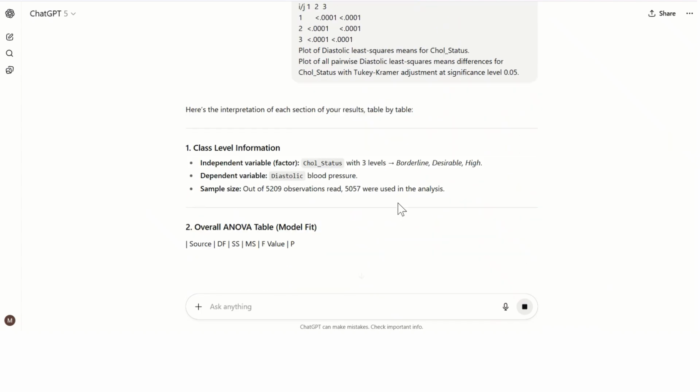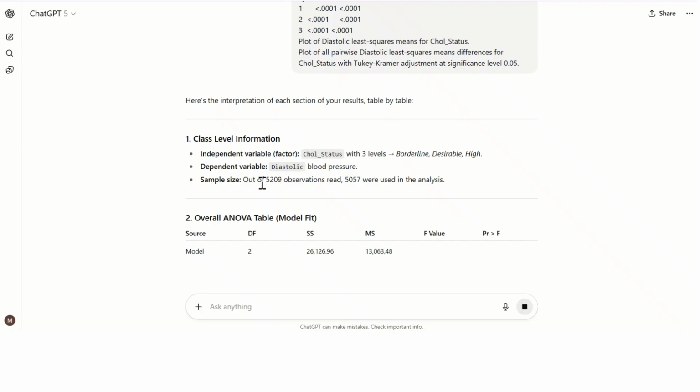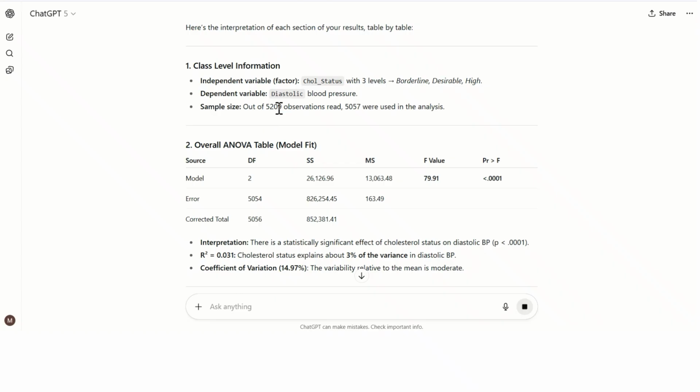Okay, so table 1, class level information. Independent variable: cholesterol status, which has 3 levels, borderline, desirable, and high. Dependent variable: diastolic blood pressure. 5,209 observations were read and 5,057 were used. So we can see here that almost 150 or so rows were empty.